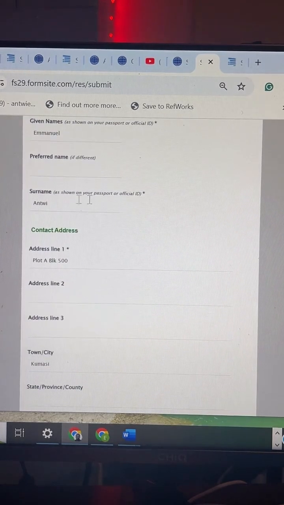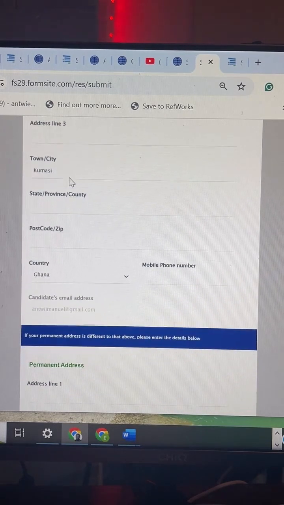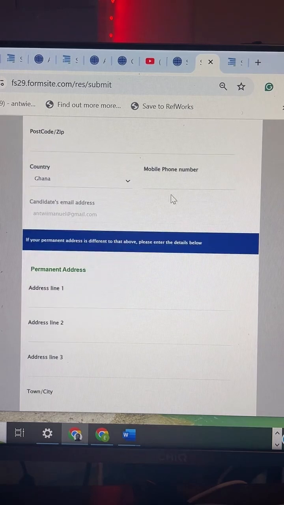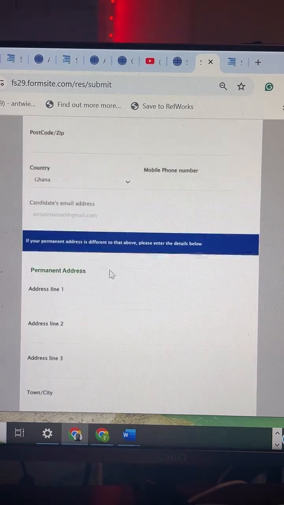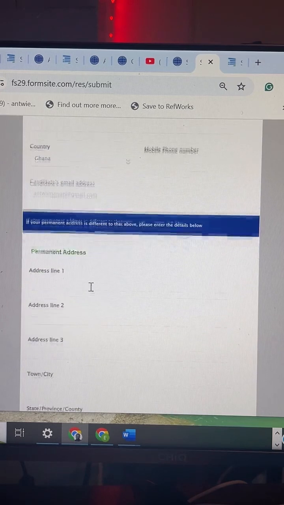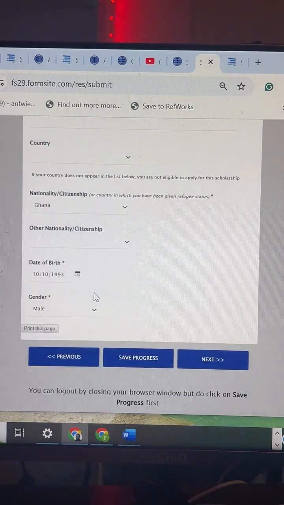So if you have already completed this, so this will ask you your title, your name, your surname, your address. So these are just biographical data. You can just type in everything you need, your country, and then your phone number, you type it in there as well. And so they'll ask you if your permanent address is different from that you've given above, you need to type in another address and then complete that.